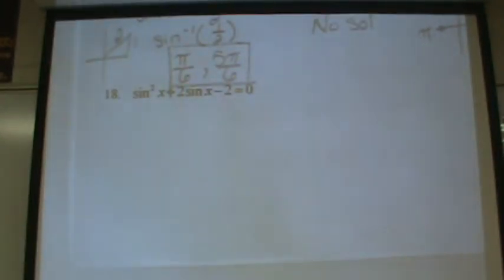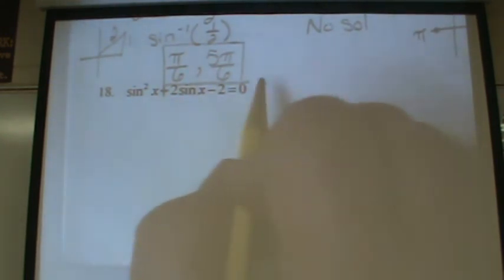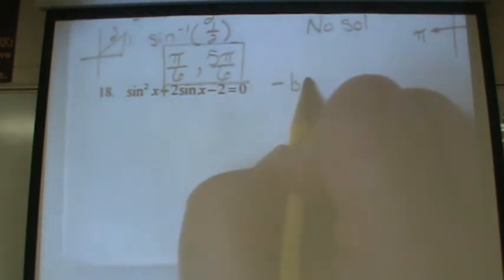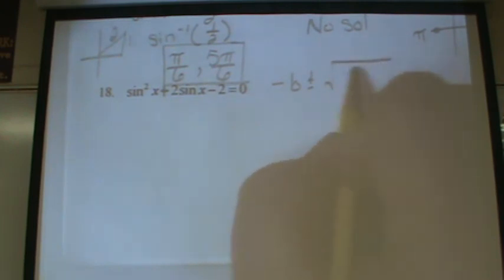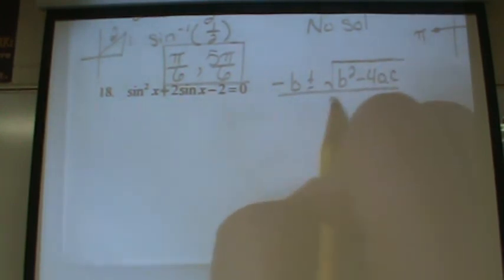And then finally, number 18. If you haven't guessed already, number 18 is the one that we're going to have to use the quadratic equation on because it does not factor. So just a reminder, the quadratic equation is negative b plus or minus the square root of b squared minus 4ac, divided by 2a.